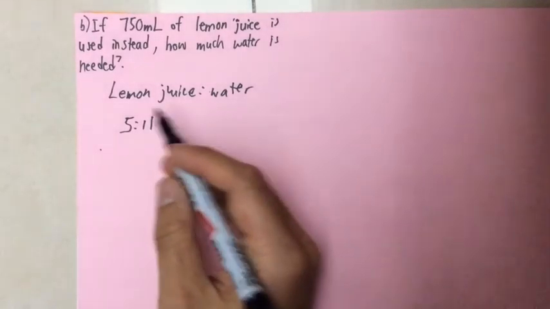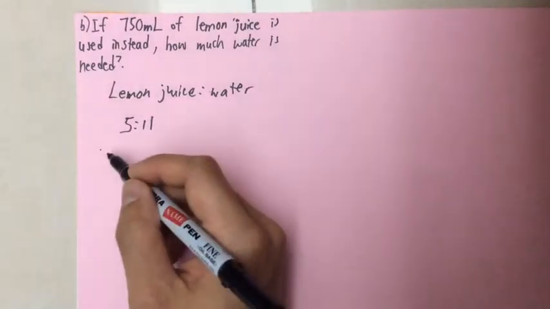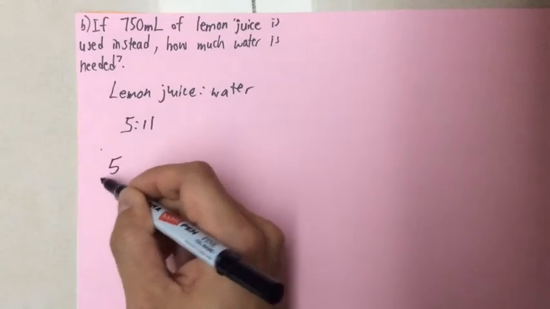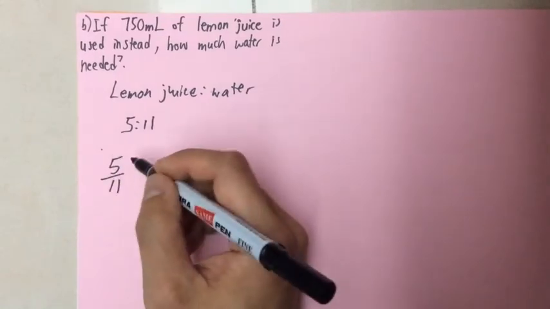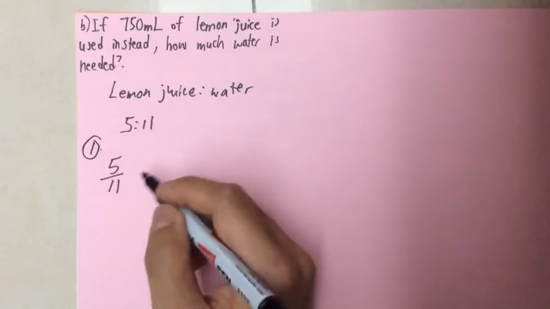Now, there are 2 methods of solving this problem. We know the ratio can be rewritten as 5 over 11. This is method 1.